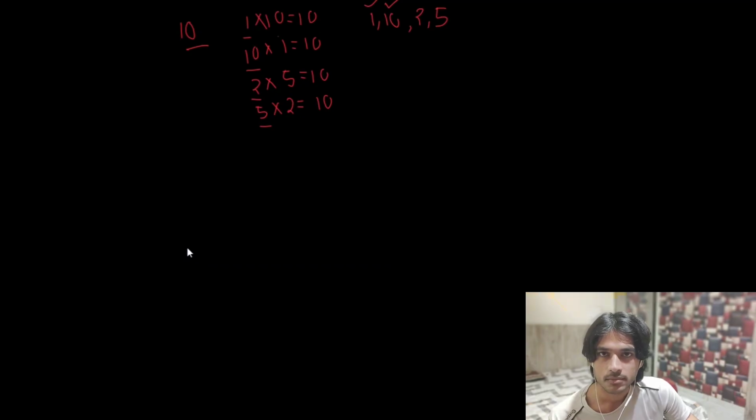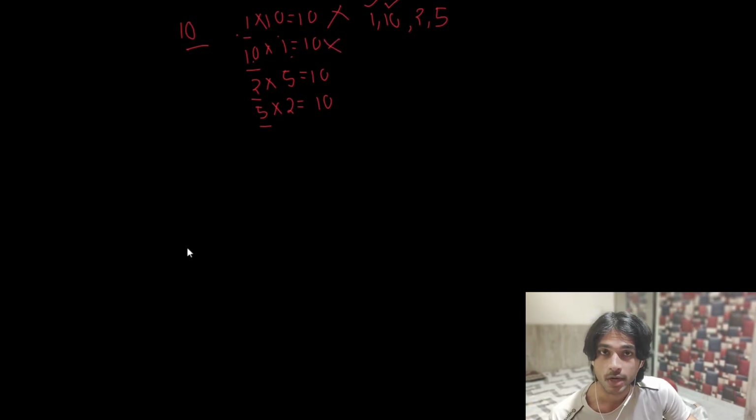1 multiplied by 10, but then 1 is not a prime number. So if I have to write 10 as a product of primes, then this is not a correct method. If I write 10 multiplied by 1, then again 10 is not a prime number, neither is 1. So this is also not a correct way.